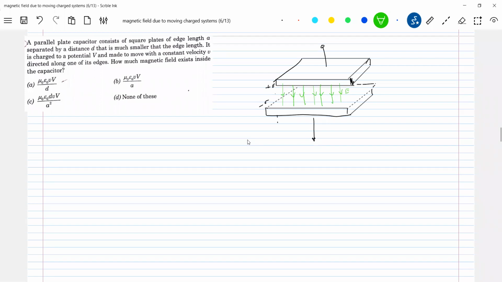We can pick any direction, so let me take it. I'll write it as U, small v, capital V. Now he's asking what is the magnetic field strength between the gap, in that gap.